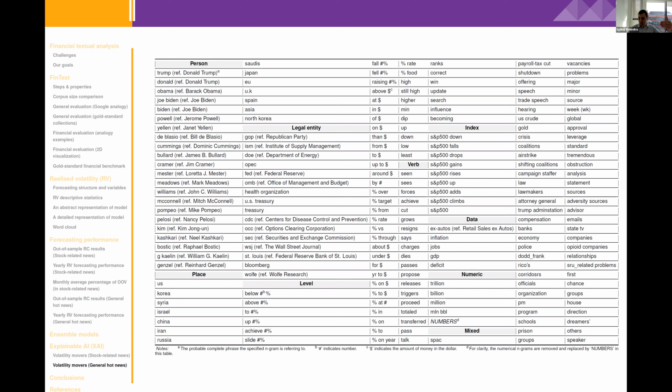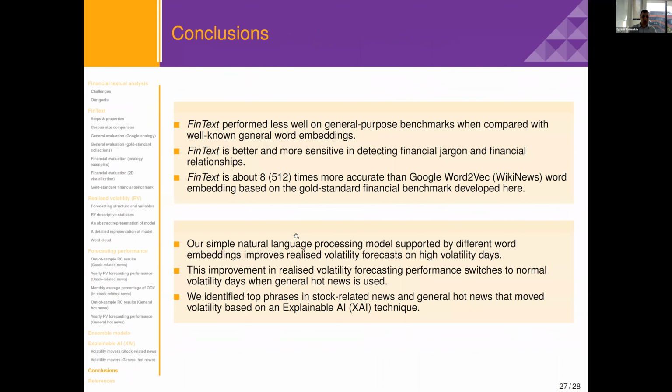If you want to do return forecasting, the language structures we have here are different, so we can change it to different things and apply the same structure. The conclusion is that FinText works very well for the financial language model, based on a benchmark for financial terminologies and relationships.